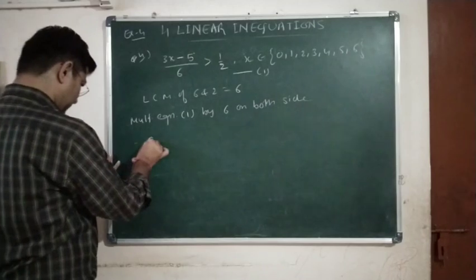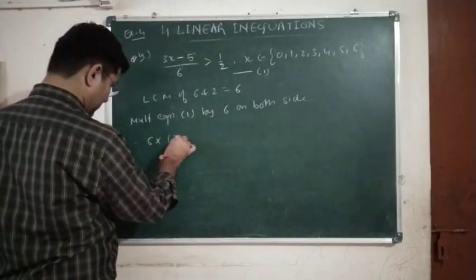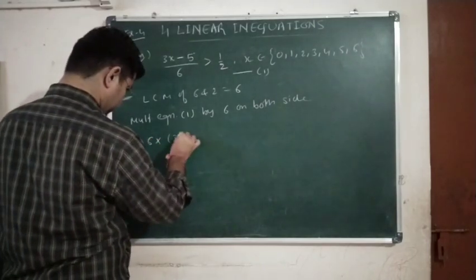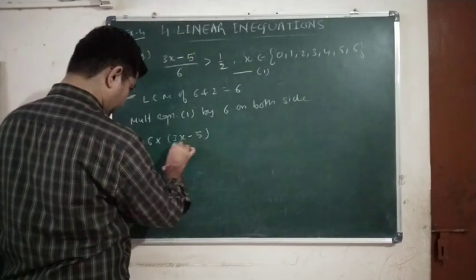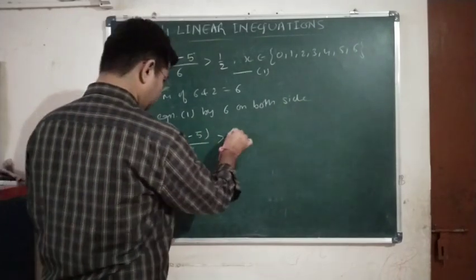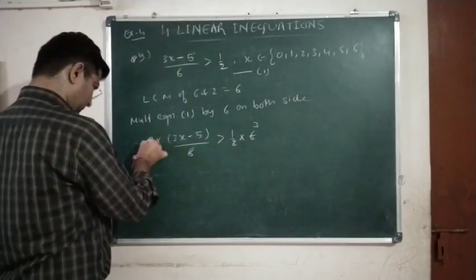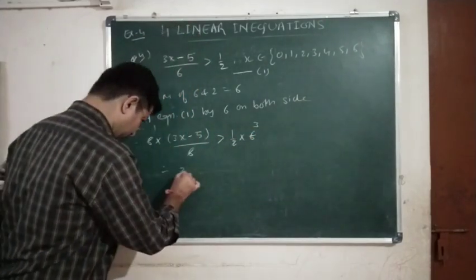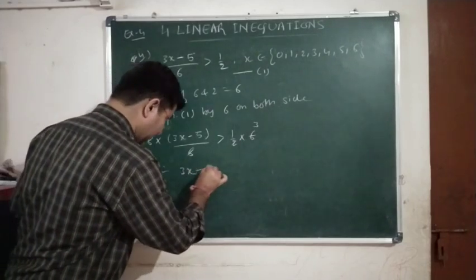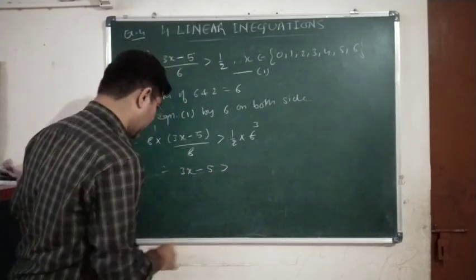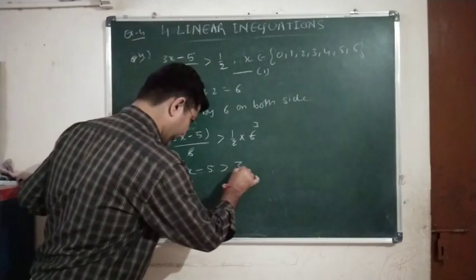So let us multiply 6 into (3x - 5)/6 is greater than 1/2 into 6. Now we have got a simplified inequation: 3x - 5 is greater than 3.